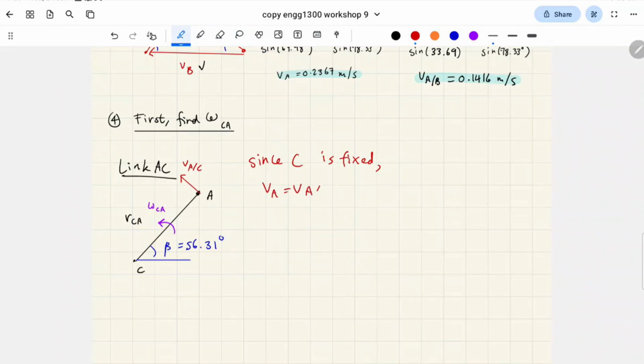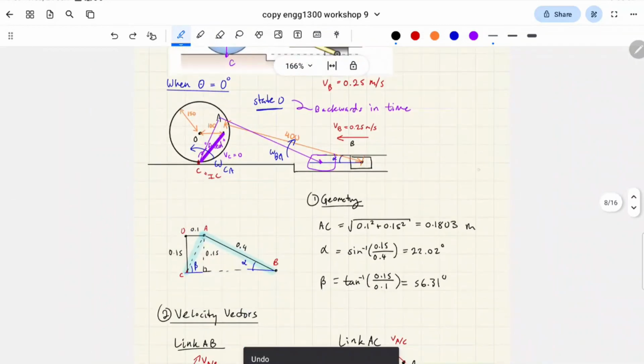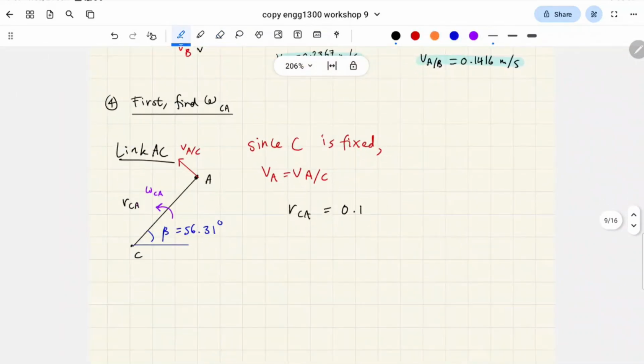VA is VAC. So RCA, we can find from Pythagoras. Oh, actually, sorry, I've already done that earlier. So basically, that was the step back here. This one. So it's 0.18, right?